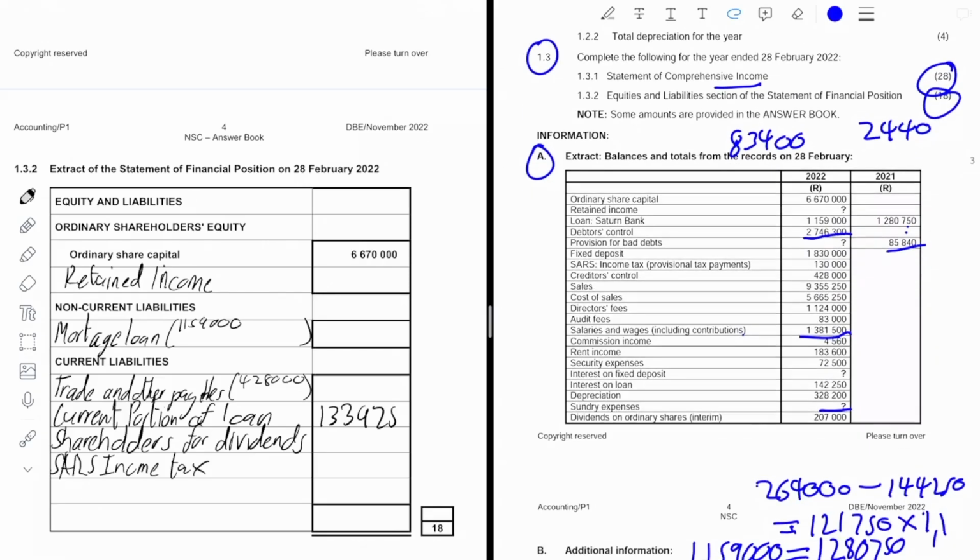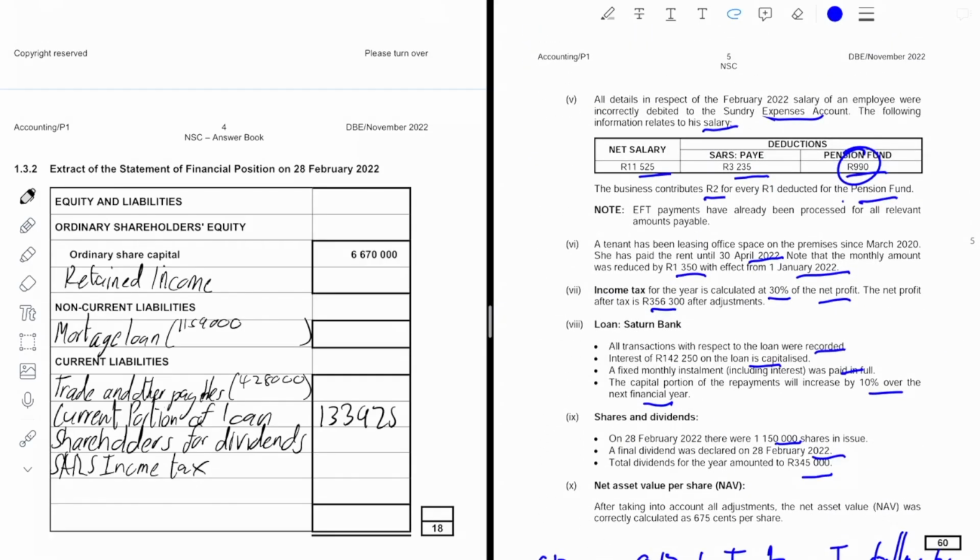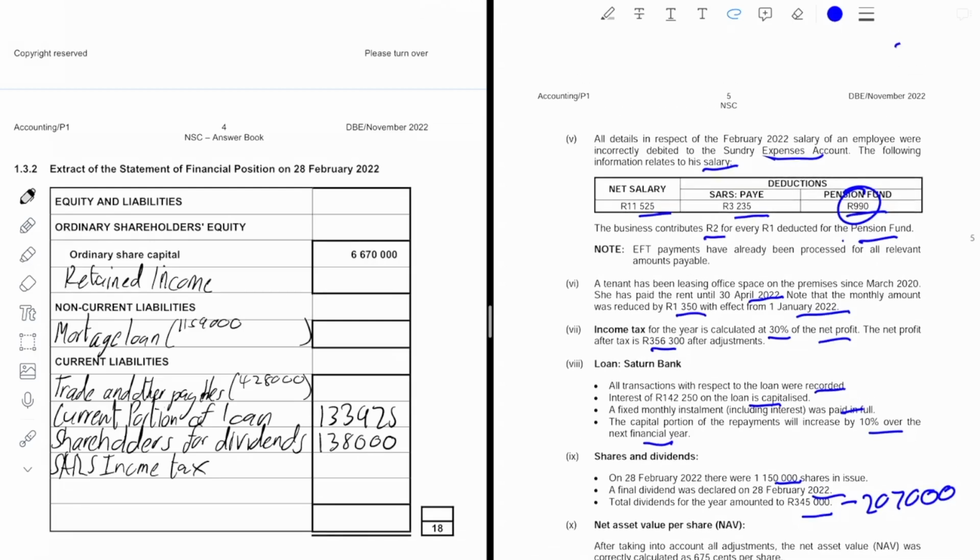Yes, we do have an interim payment of 207,000. So in total, 345,000 was declared, and we only paid 207,000. The difference between these is what's unpaid, and that is your shareholders for dividends. So it's 345,000 minus 207,000, which is 138,000 for shareholders for dividends.